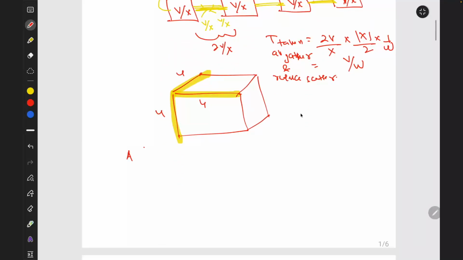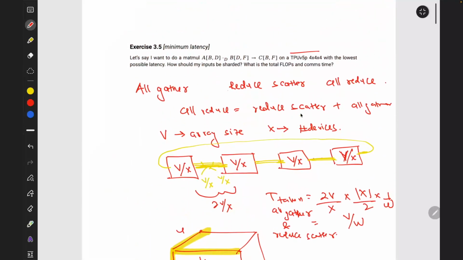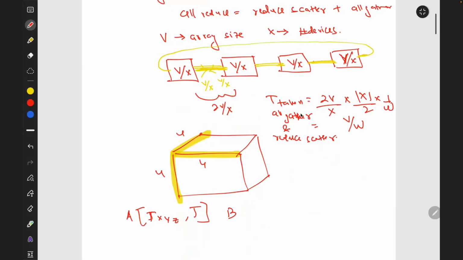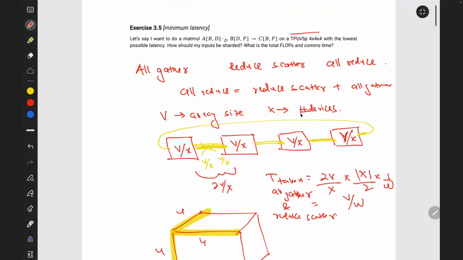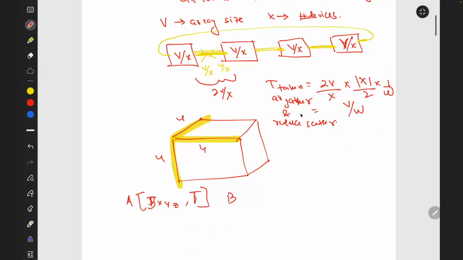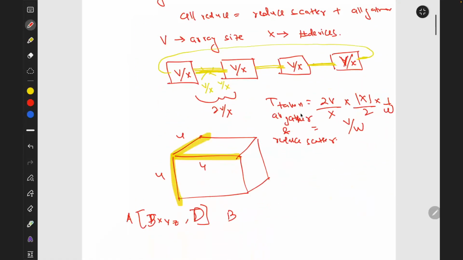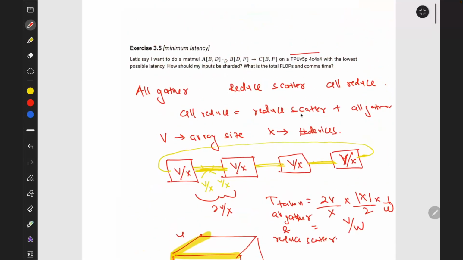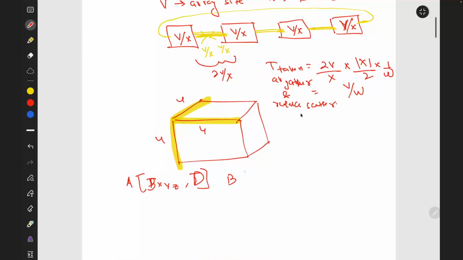You have to do these operations where I X Y Z comma J, and you have B, sorry, I will write A and B here, and it will be D here, and B matrix would be D comma F.